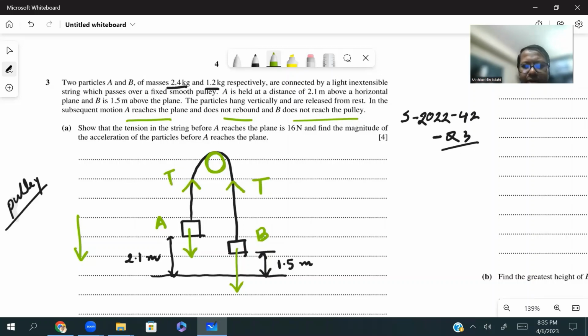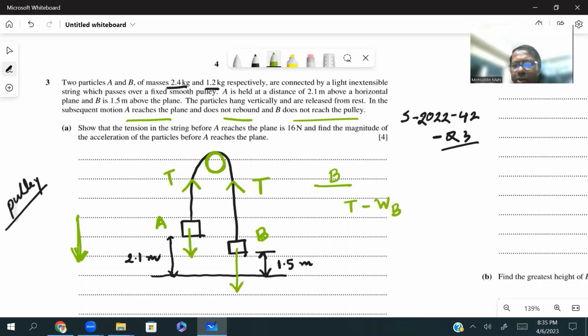For B, as A is moving downwards, B is moving upwards and accelerating in the upward direction, so the tension on B is greater than the weight of B. As A is descending downwards, B is moving in the upward direction, so the tension acting on B has to be greater than the weight of B because it is accelerating upward. So T is greater.